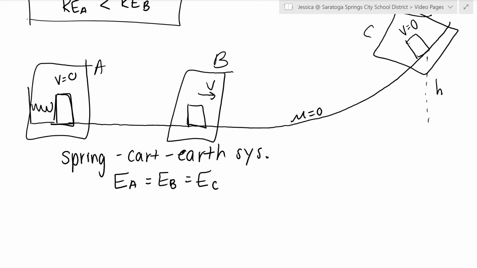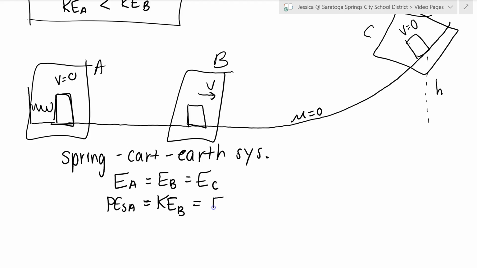At A, since we are at rest and a spring is compressed, we have spring potential energy. At B, we are moving free of the spring, but not at any height, so we just have kinetic energy. So all of the spring potential energy has converted into kinetic energy. And then at C, we are at a maximum height, free of the spring, moving at a speed 0.